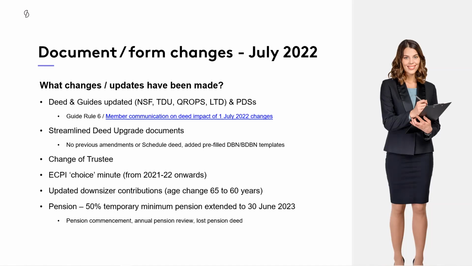And then we had a scheduled deed. So that middle one arguably had a bit of middle child syndrome and didn't quite fit in, it felt like. So what we've now done is, in essence, moved that out in its entirety, and what we now have with our deed upgrades is simply, has the upgrade occurred or not in the past?